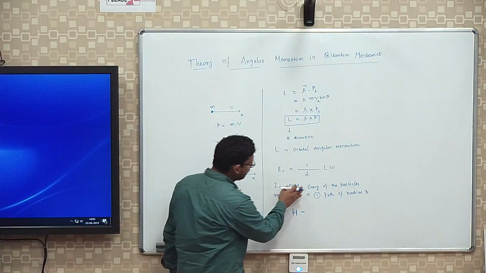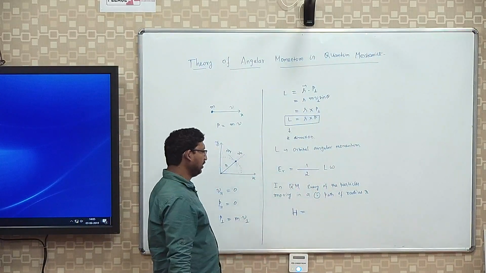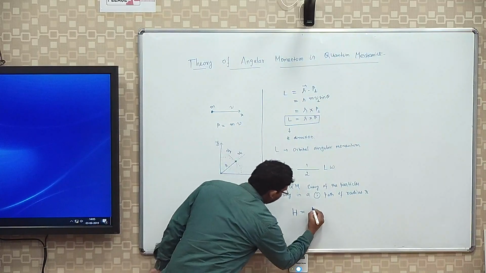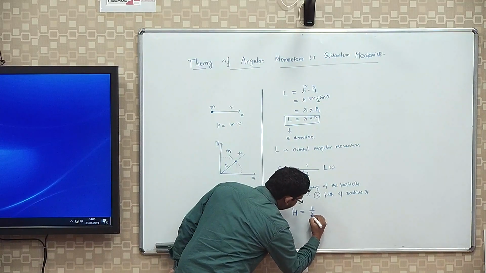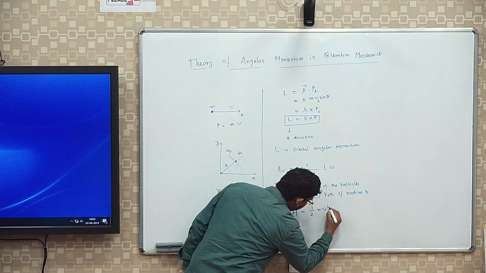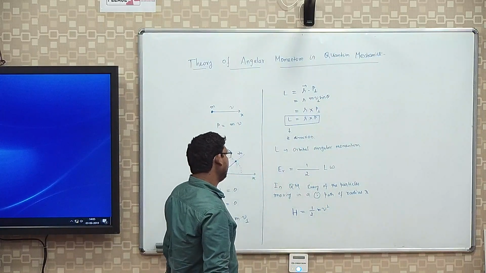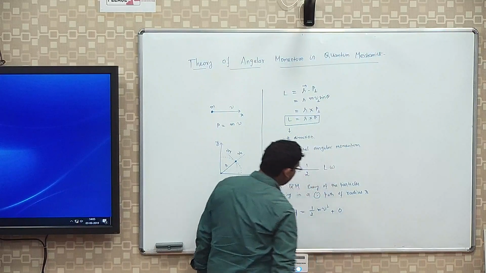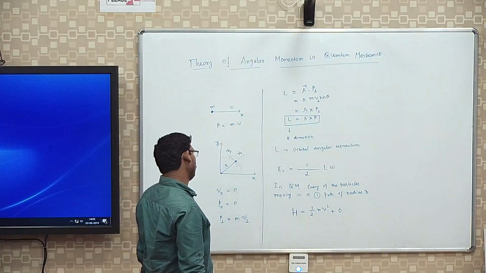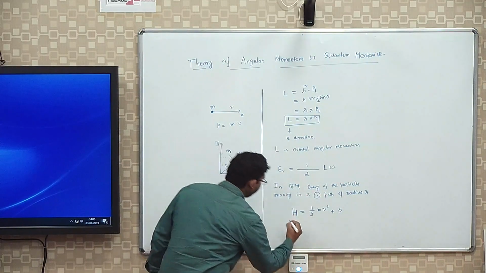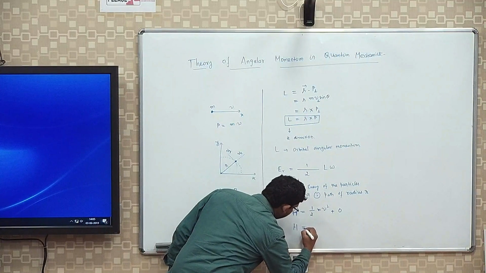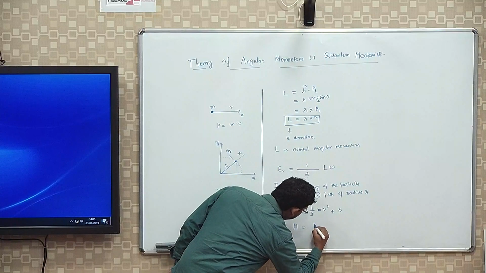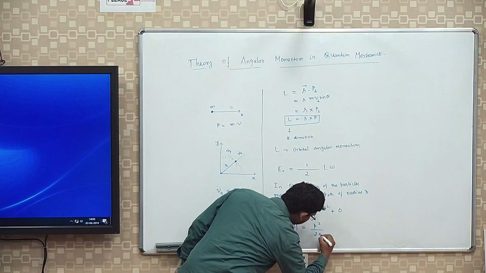But when the particle is making a circular motion, the kinetic energy is half m v squared and the moving particle does not have any potential energy; that will be 0. Then we can modify this equation: H equal to p squared by 2m.